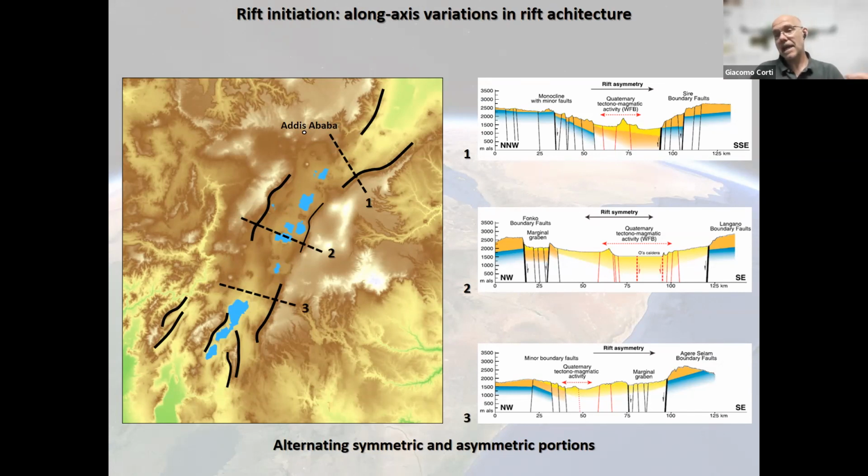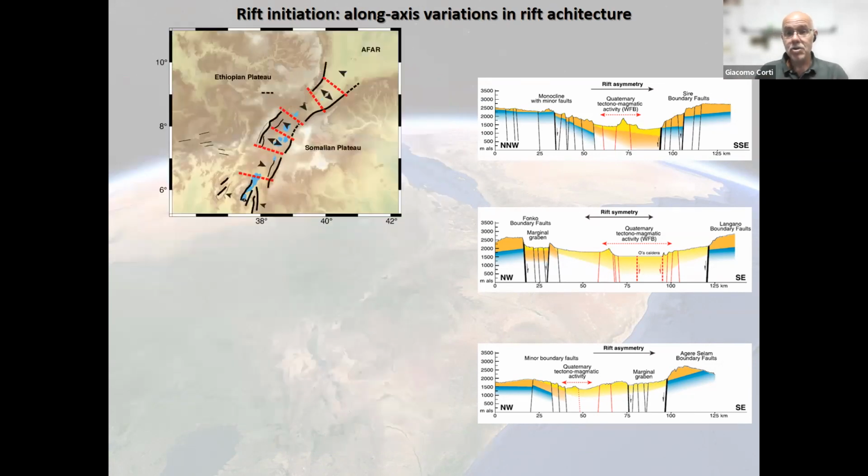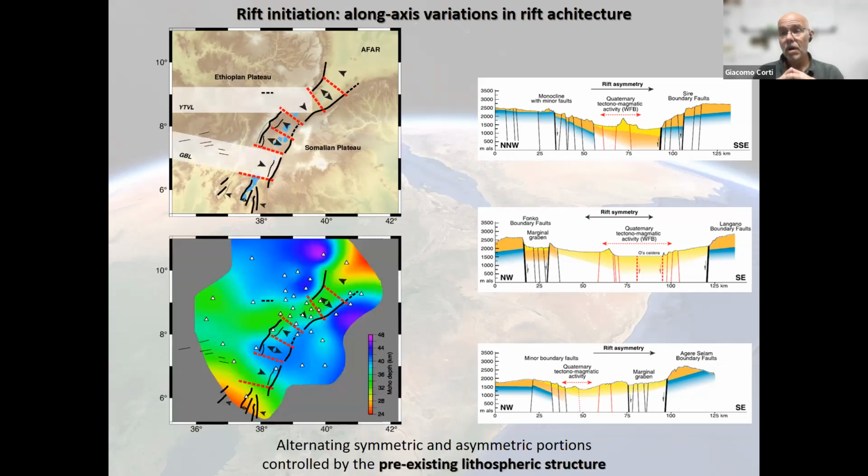So we have, as in other parts of the East African rift, alternating portions of asymmetric and symmetric rifting. And this occurs in many different parts of the rift. And this is again, most probably related to the pre-existing structure of the lithosphere in this area.